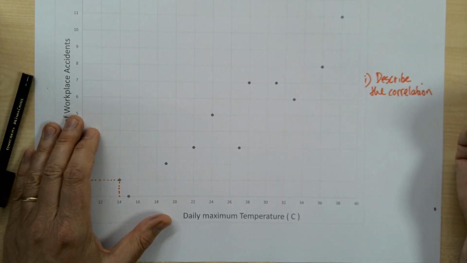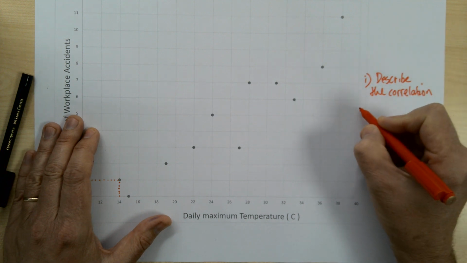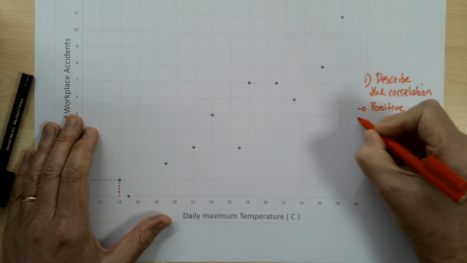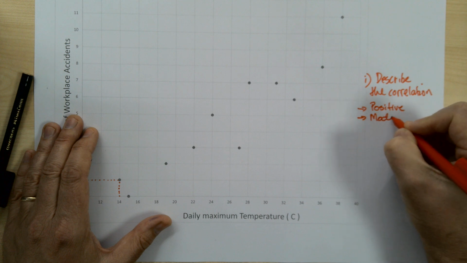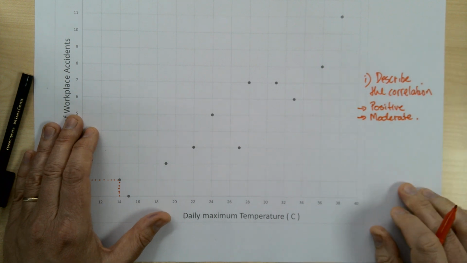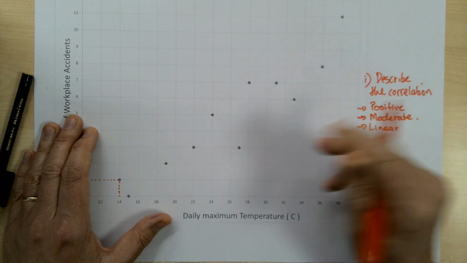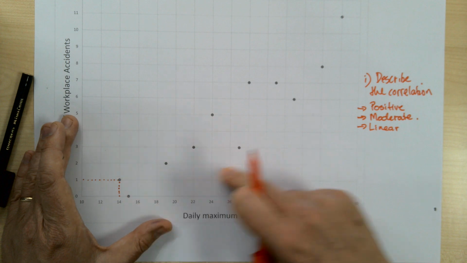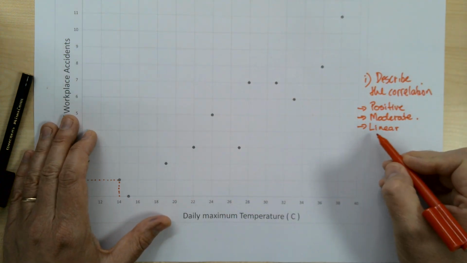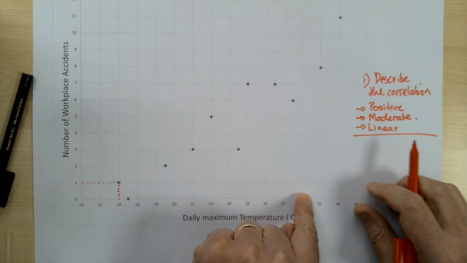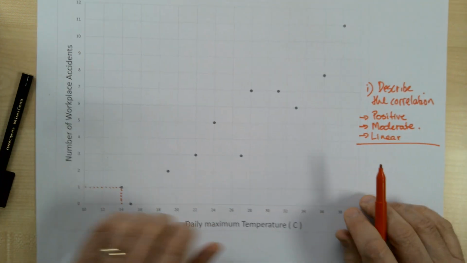Whether you call it weak or moderate is not going to be the be all and end all for passing or failing the test. It's definitely positive though. You'd have to get that. Positive, moderate, and actually it's linear. In other words, it's forming kind of a straight line. It's not doing a big U-curve. Positive, moderate, and linear. If it was coming down like that, then you'd say negative, moderate, linear.